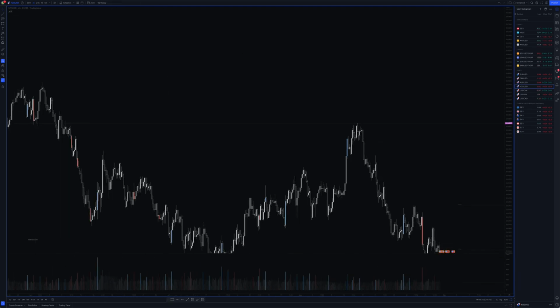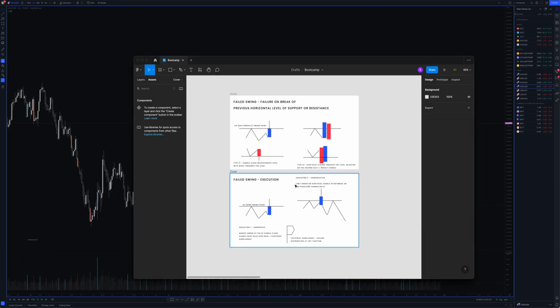So when it comes to execution, there are two ways you can execute these trades. The first one is the aggressive one, and this is the market order at the close of, I have H1 here, but whatever time frame is your trading time frame. This candle has to have high relative volume and footprint confluence.